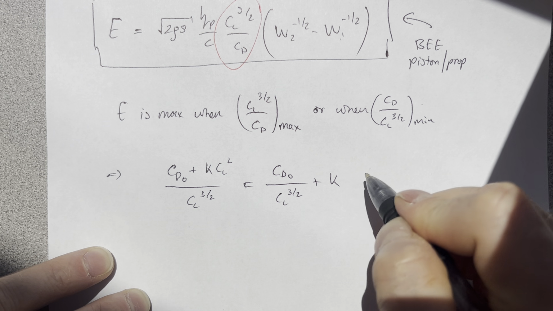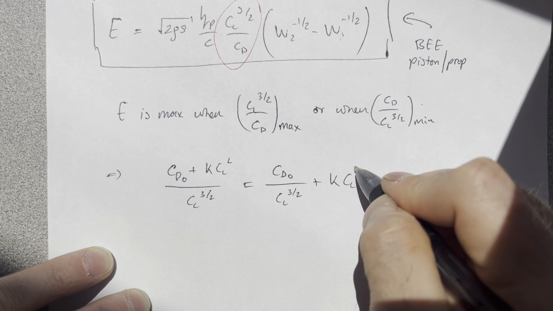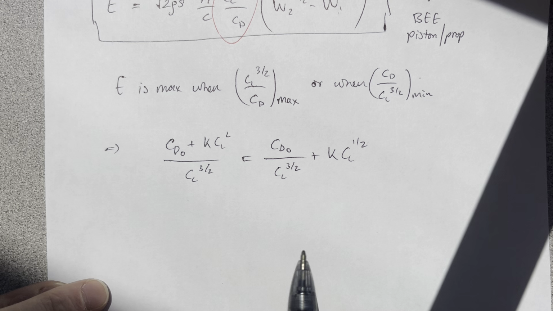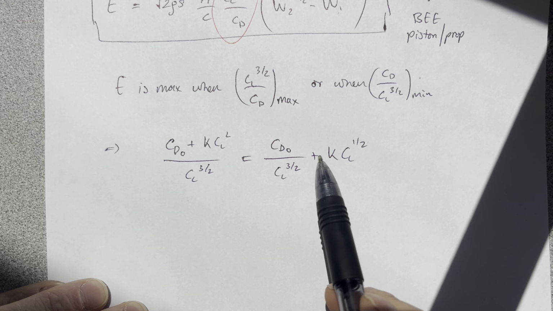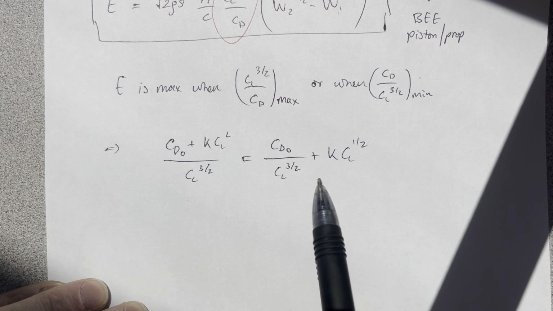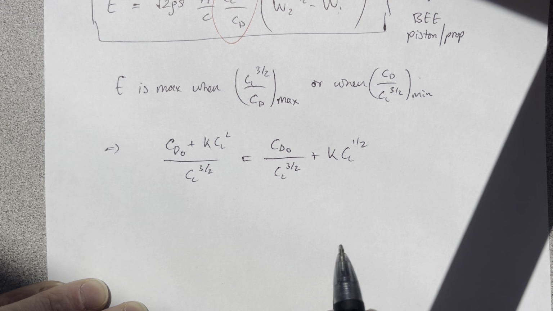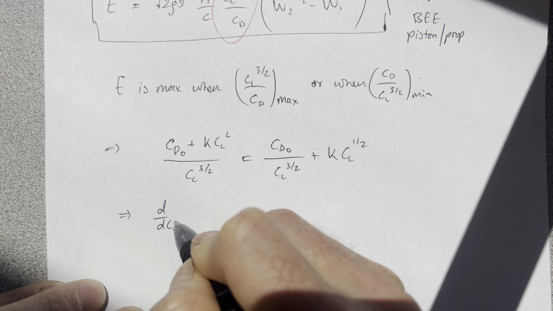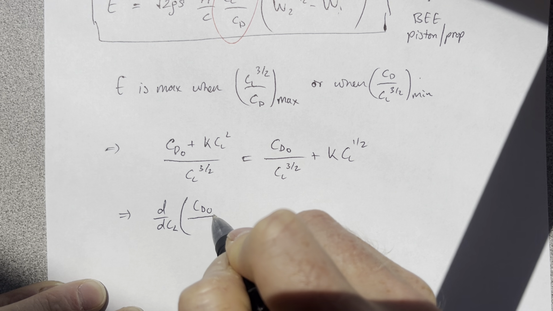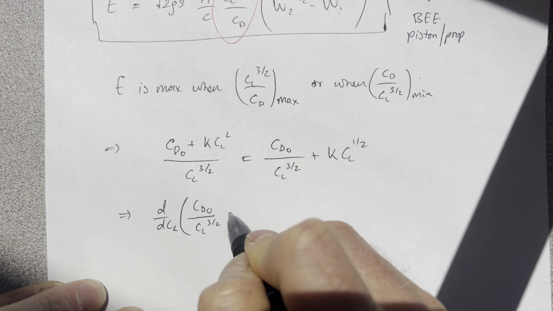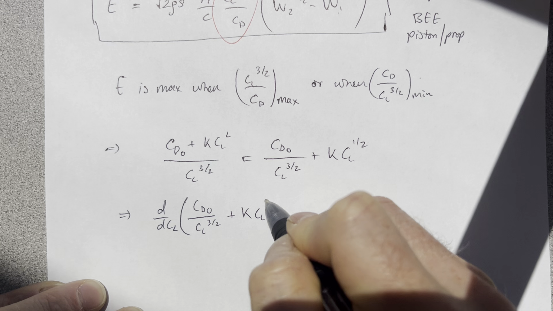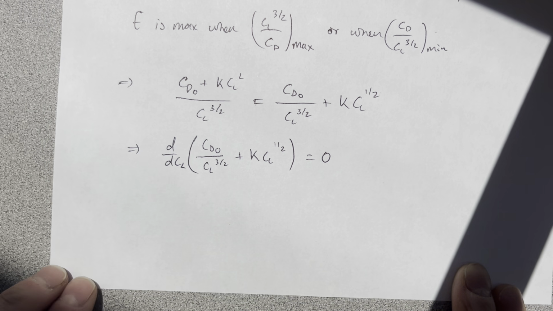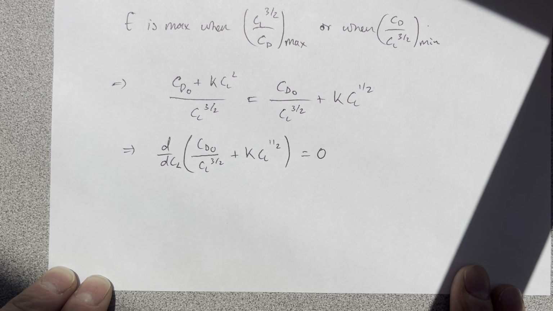So CD0 over CL to the 3/2 plus K CL to the 1/2, once it cancels. And like I said, what I'm going to do is minimize this function by differentiating it with respect to CL and setting it equal to 0, and that will tell me where the minima of the function is.